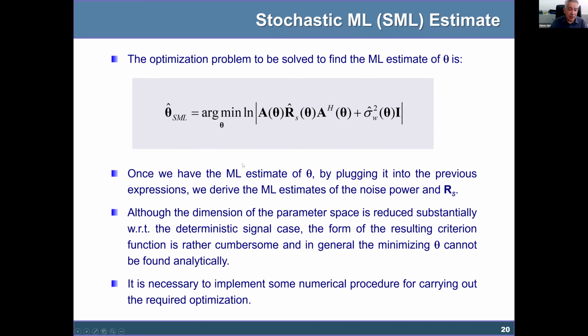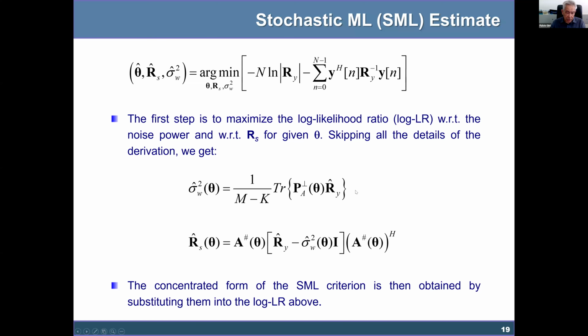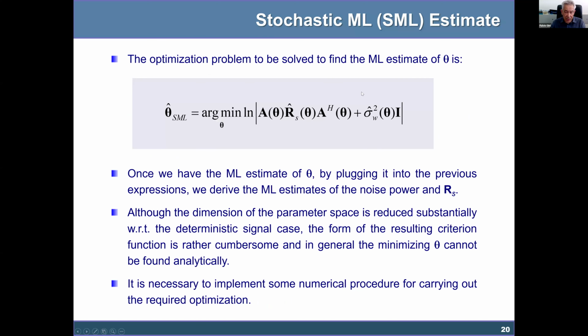Skipping all the details, this is the function. We have to plug in these two expressions, so at the end we have something that depends only on theta. We solve this optimization problem with respect to theta.